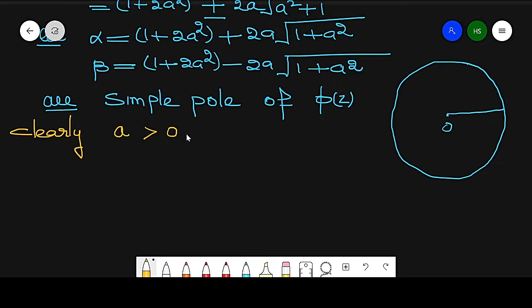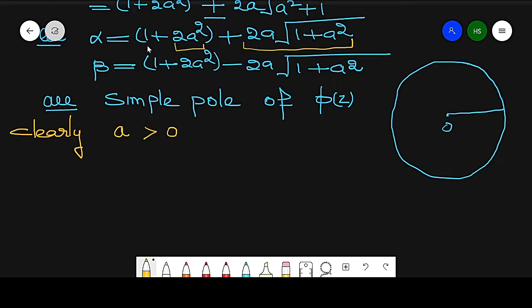So if a is greater than 0, this term is positive, and this term is positive, and this is a 1. So all the yellow part is positive.